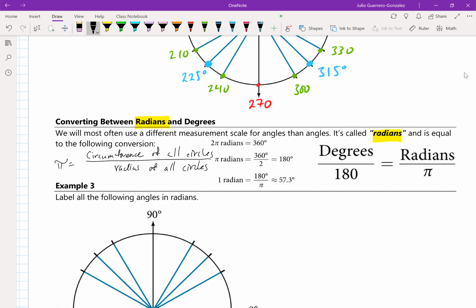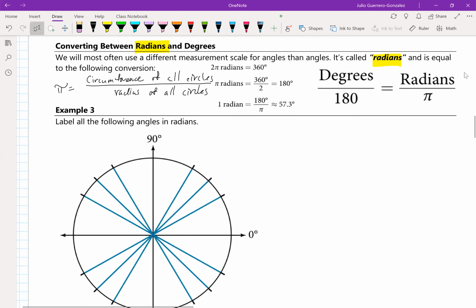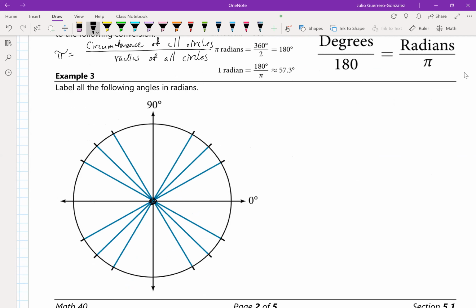So pi is sort of like the circumference of all the circles divided by its corresponding radiuses. Okay, so basically saying how many radiuses, so let me take the circle that's below, right? My radius for a circle is from here all the way out to the edge. Okay, how many of these radiuses, how many of these lengths can I put around the edge?